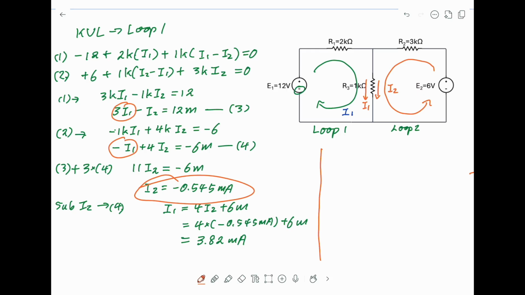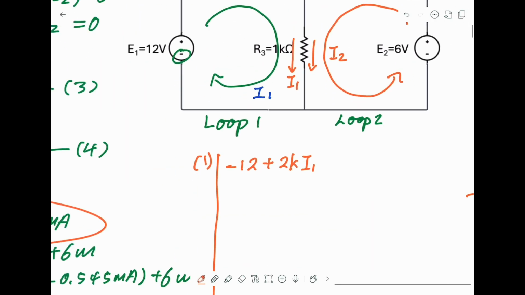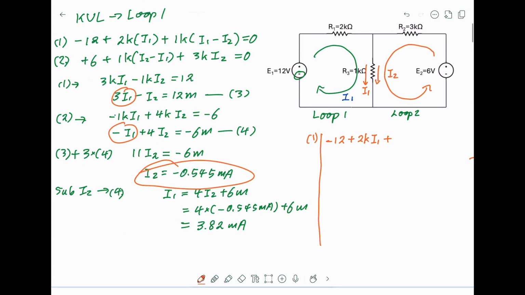So this is loop 1, and equation 1 will become minus 12 plus 2k I1. But this time, I1 and I2, they are passing through R3 along the same direction. So I will say this plus 1k (I1 plus I2) equal to 0.